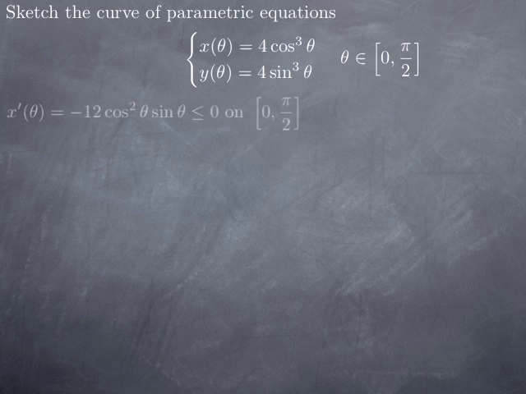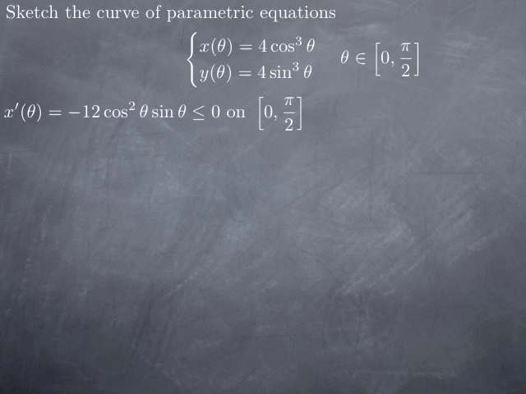So on that interval, to study the curve, we're going to look at the derivatives, intervals of increase and decrease of both functions x and y. If we differentiate the function x with respect to theta, when we differentiate cosine cube of theta, we use the chain rule and we get 3 cosine square of theta multiplied by the derivative of cosine theta, which is negative sine theta.